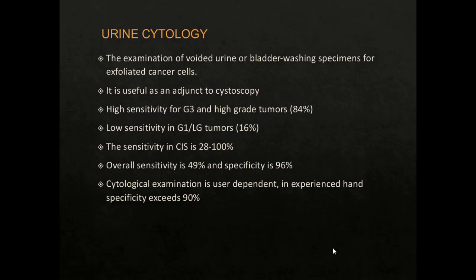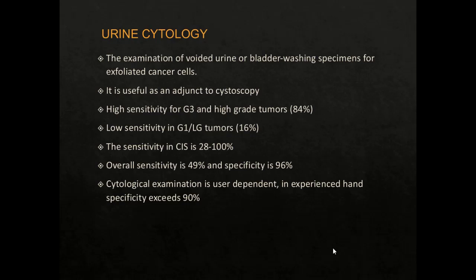It has high sensitivity for grade 3 and high-grade tumors, almost 84%. Low sensitivity in grade 1 and low-grade tumors, 16%. The sensitivity for detection of carcinoma in situ is 28 to 100%. Again, it is user dependent.